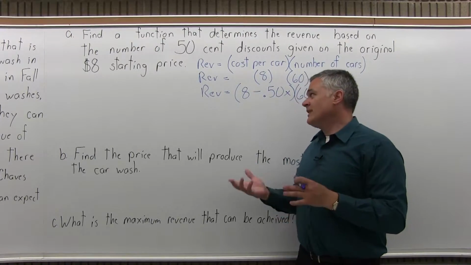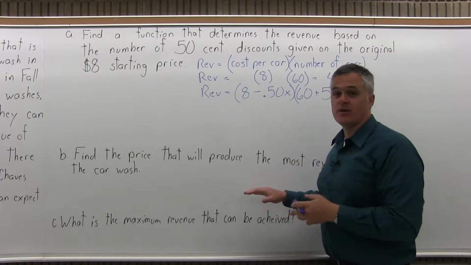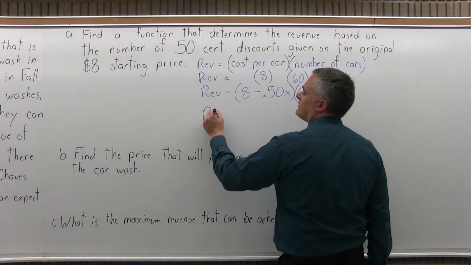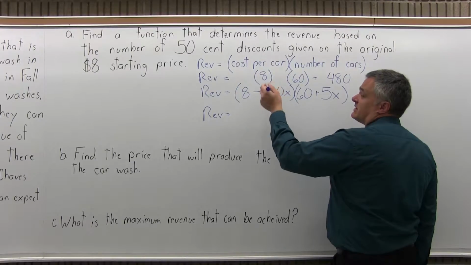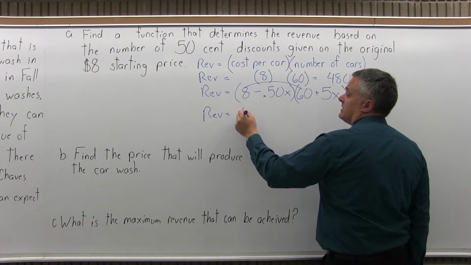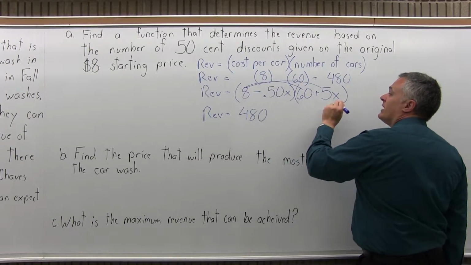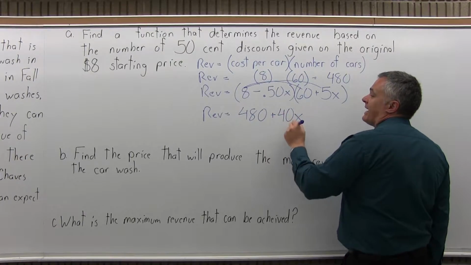Now, I can clean that up a little bit. It is the revenue function, but based on the fact that I know I'm going to be working with parts B and C following this, let me simplify this. Revenue equals, so what I have here is something that can be FOILed. 8 times 60 is 480. And then 8 times negative 0.5x will be negative 40x.